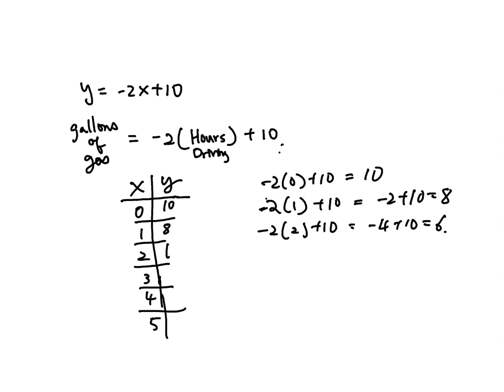If you see the pattern, we go down by 2 each time, so it will be 4, 2, and 0. This is the reason why I can't go past 5, because at 5, I have 0 gallons. You can't go into negative gallons. Negative gallons is not a good idea.